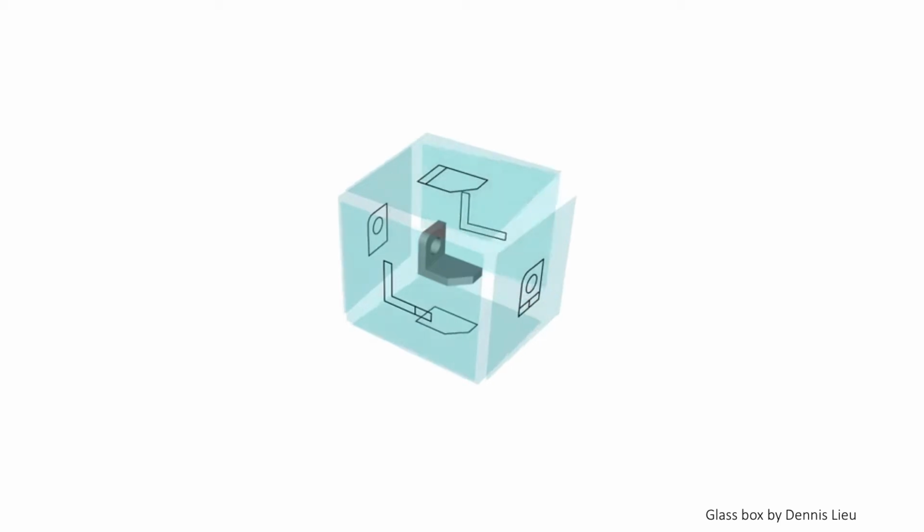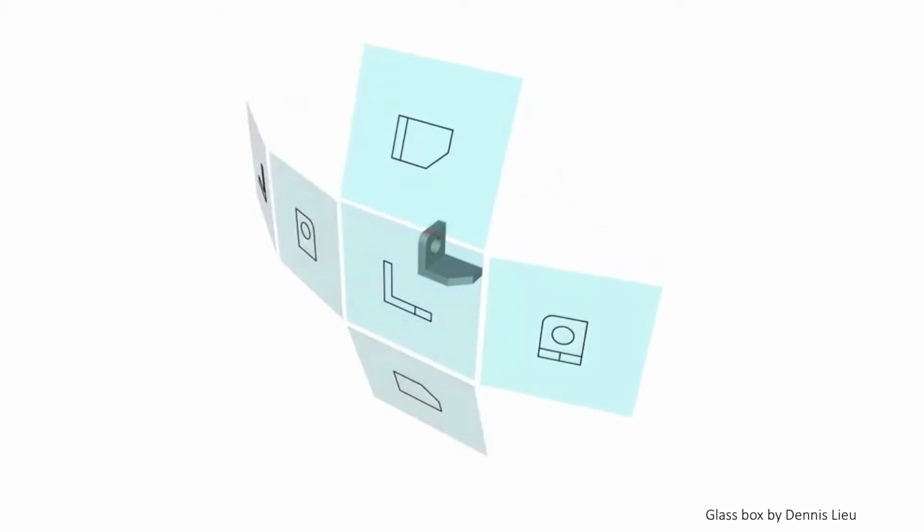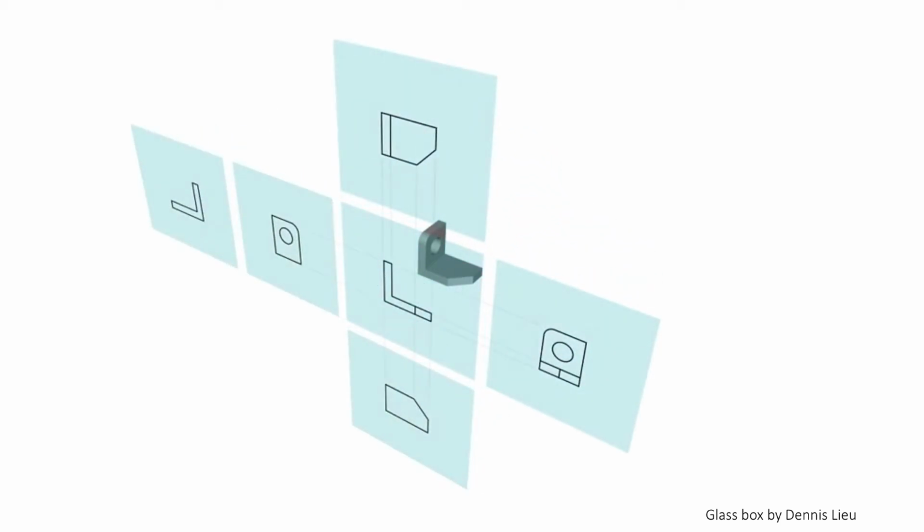What an orthogonal drawing does is unwrap the glass box so that each picture lies flat and can be seen, giving multiple views of the same object which are all in proportion to each other. When we say in proportion, we see that each face has a direct measured relationship to all the others.